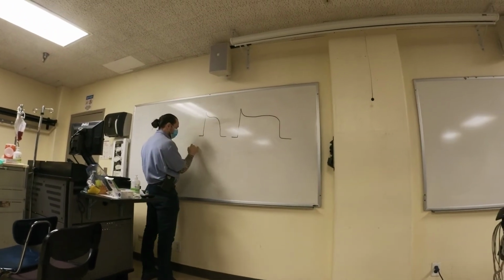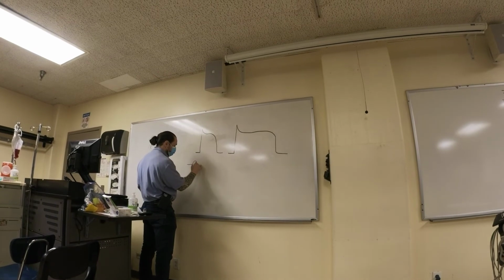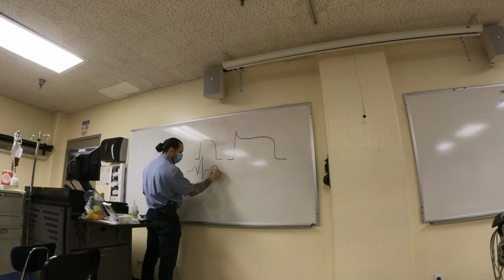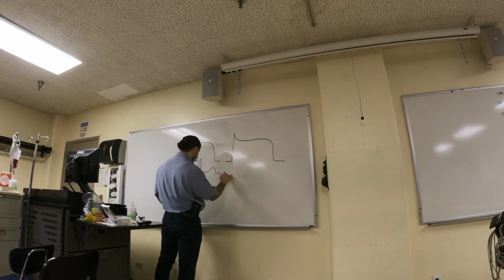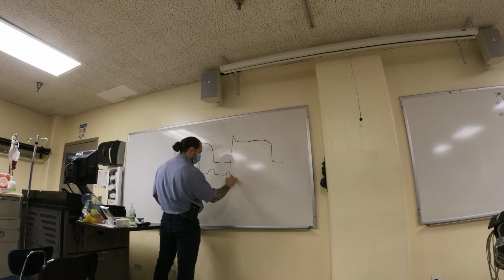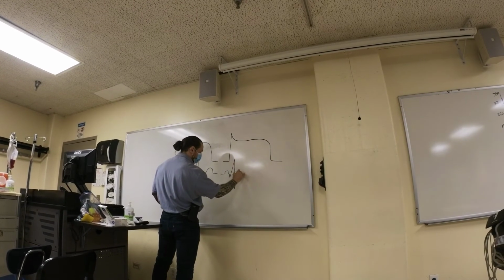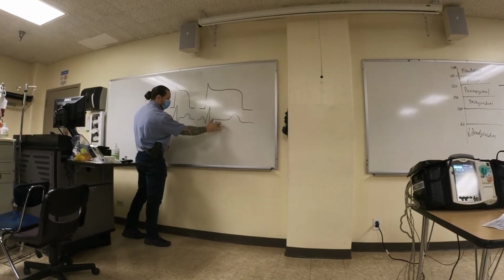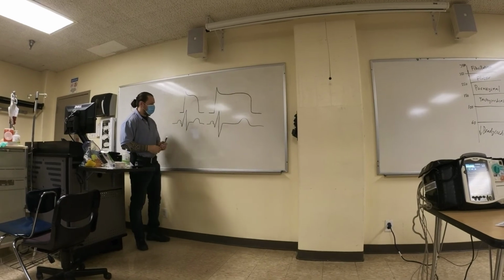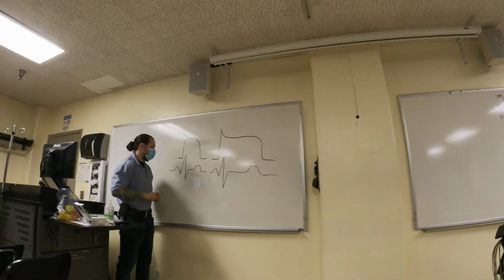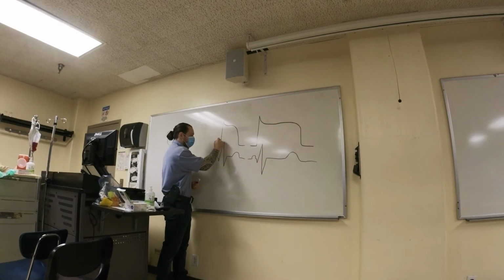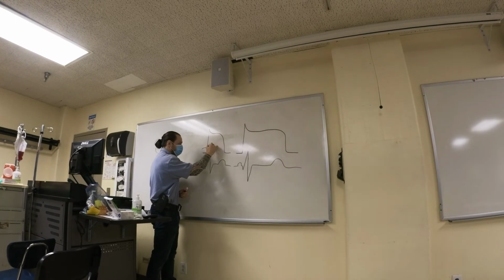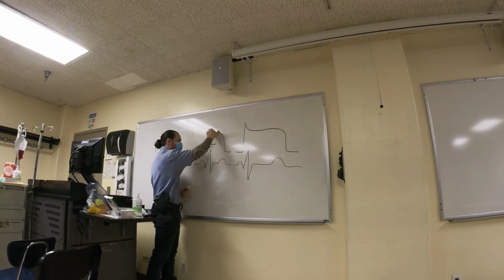And we said this signifies your QRS depolarization, and this is your repolarization. This is your ECG here. You can see right here, it's longer. And if you remember from when I was showing you guys the channels, initially we had sodium come in, and when it went to, let's say, negative 70 millivolts, it opened the sodium channels.